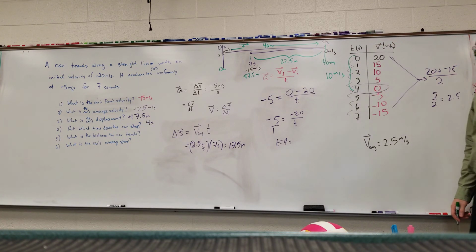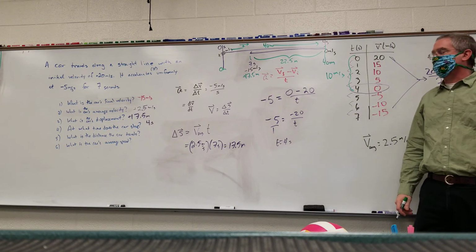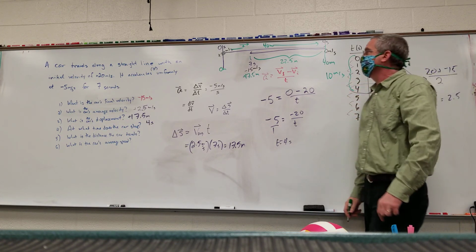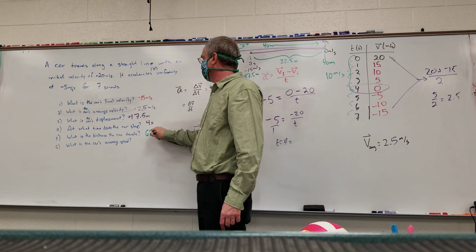So the total distance the car traveled, well, it's 40 meters to the right, and then it travels 22.5 meters back. So the distance traveled is 62.5 meters.